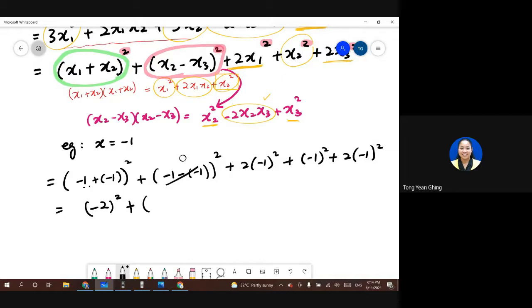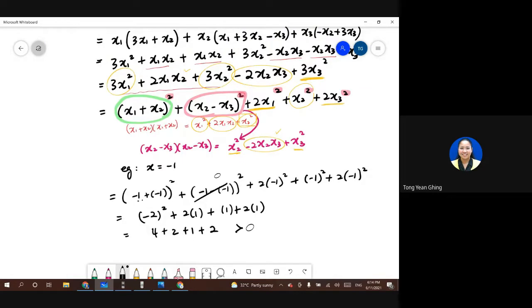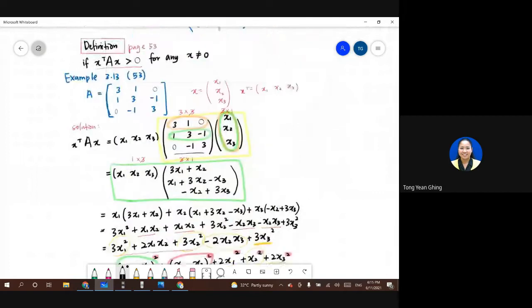And then okay, this one becomes 0. And then this one, -1 square becomes 1, right? So plus this one becomes 1, plus 2, 1. So for sure our value will be positive. It won't be negative. So it will be larger than 0 for sure. But if, let's say, x is positive, for sure when we do the calculation, it will be larger than 0.